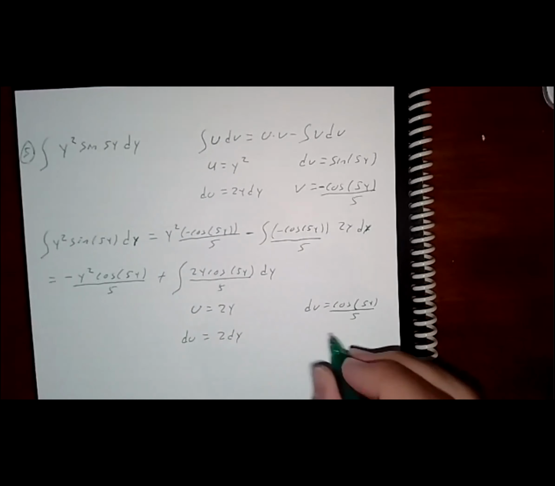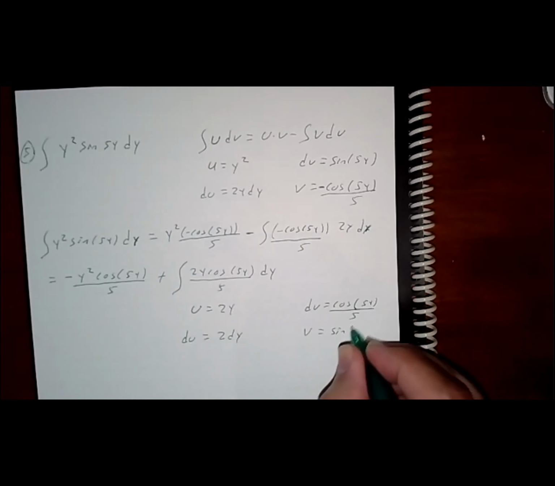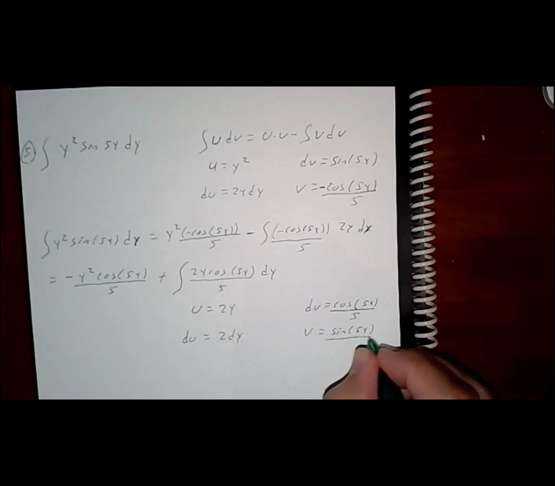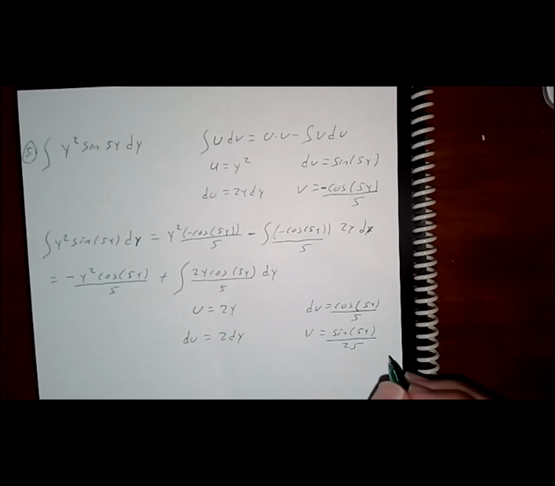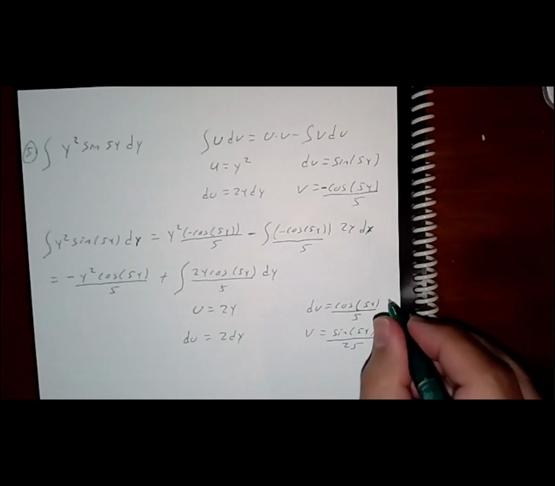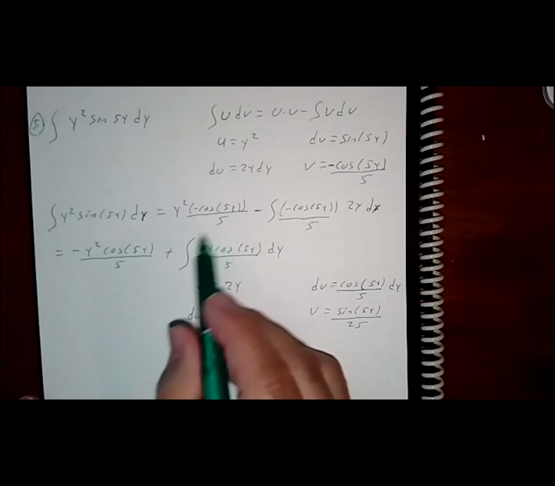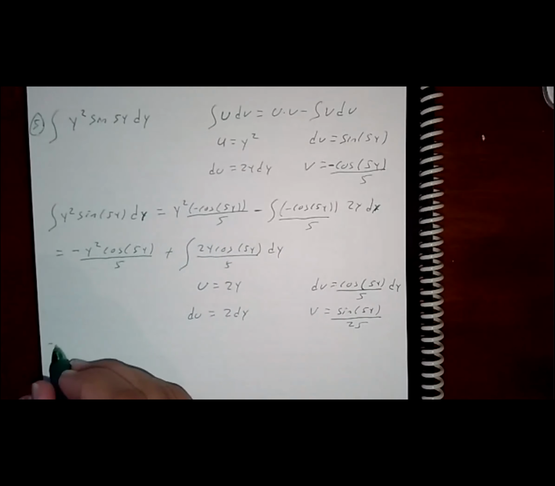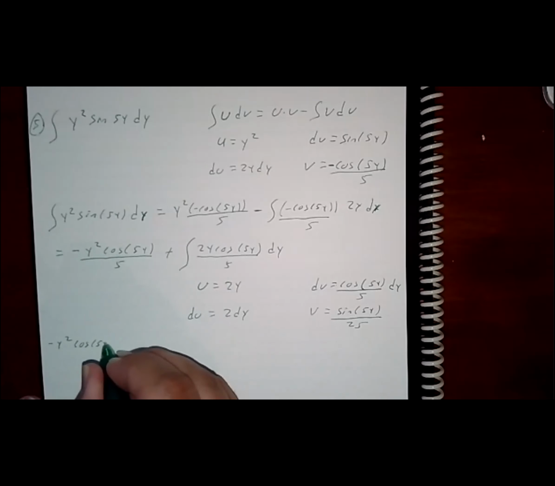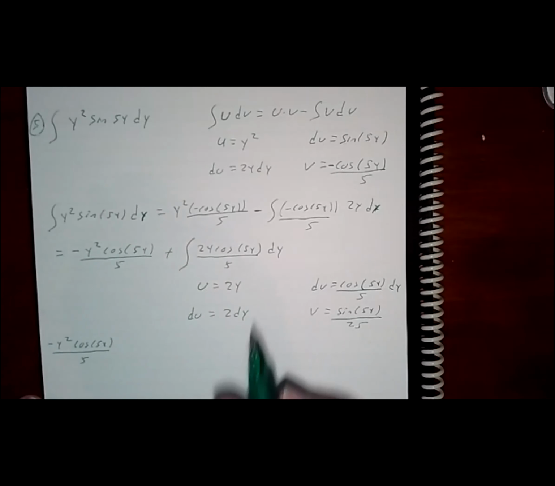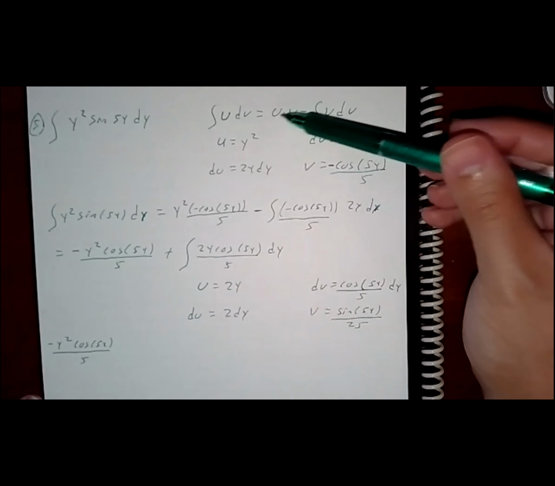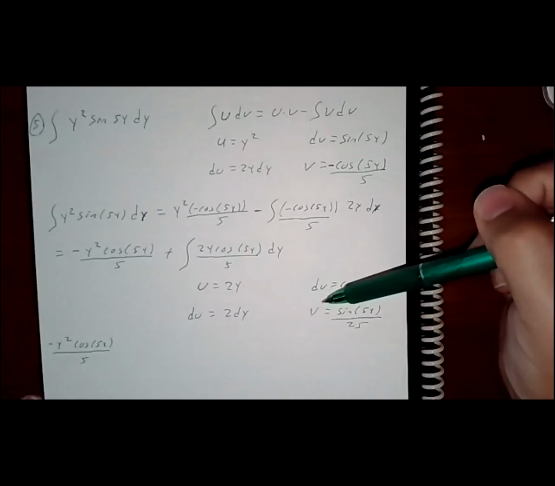The integral of that guy will be sine of 5y over 25. Okay. So now this integral, I'm going to go ahead and tack on this little piece here. The formula is u times v, u times v.